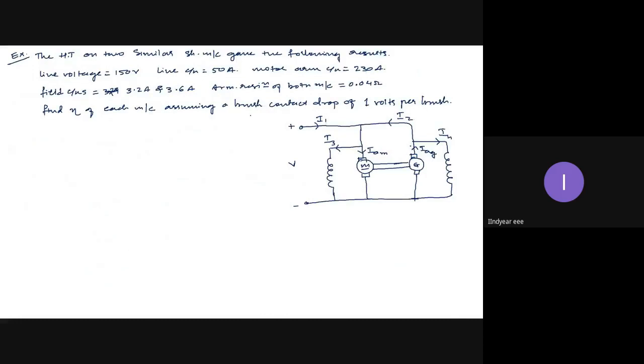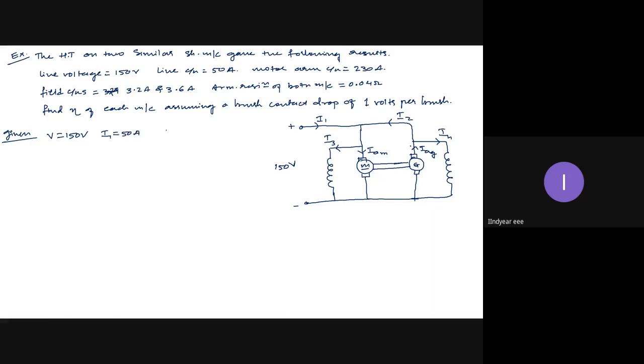Okay. So given voltage is 150 volts. Given things are the results: line voltage V is equal to 150 volts. Line current I1 is 50 amperes.